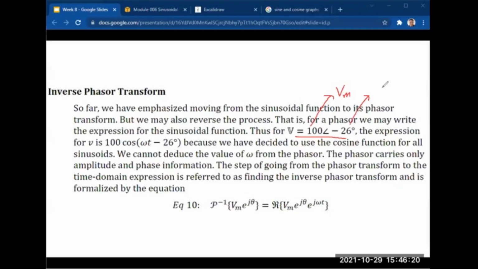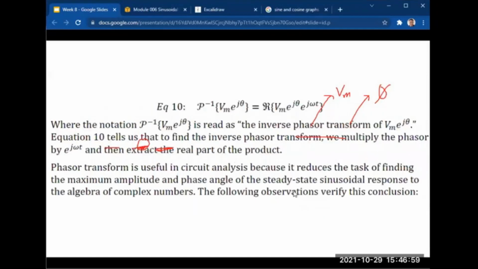This is P. But when we return it to our sinusoidal function, we can only know Vm and phi. We have no way of knowing omega. Okay, so usually we cannot deduce the value of omega from the Phasor, so the Phasor carries only amplitude and phase information. Okay, so when we do inverse Phasor transform, this is usually the answer. We have omega in our answer because we have no way of knowing omega.